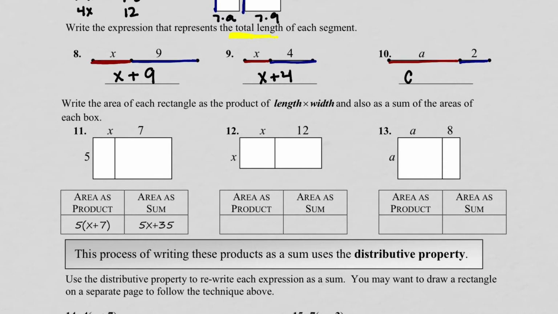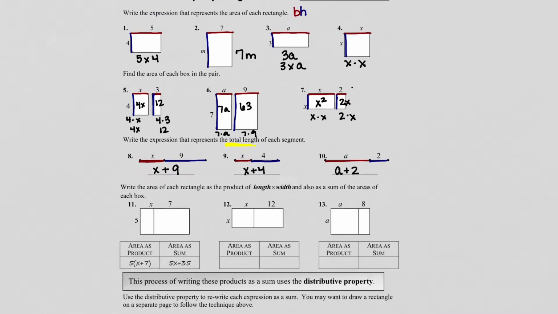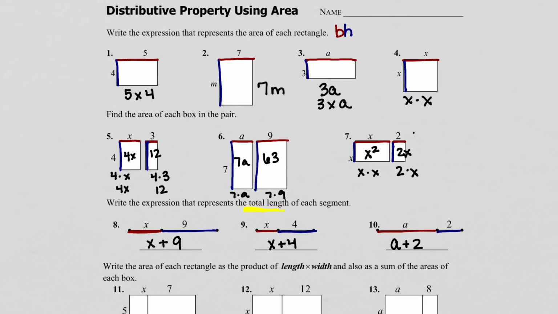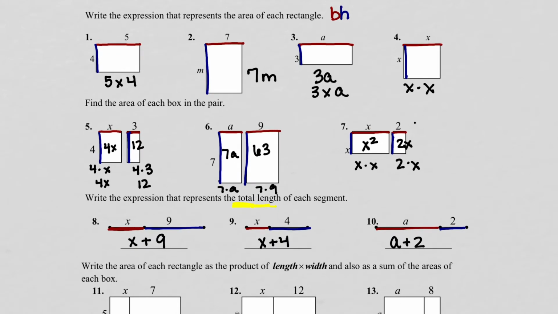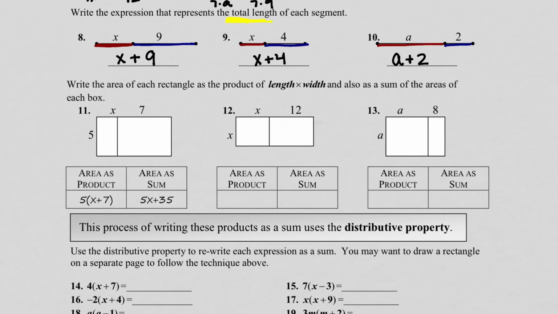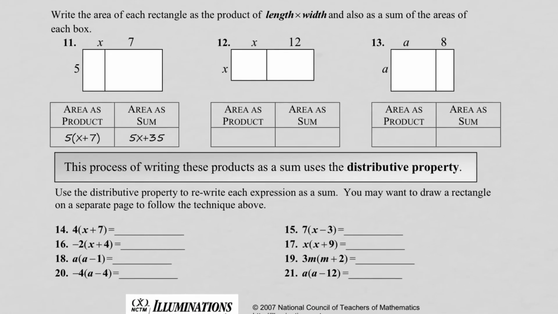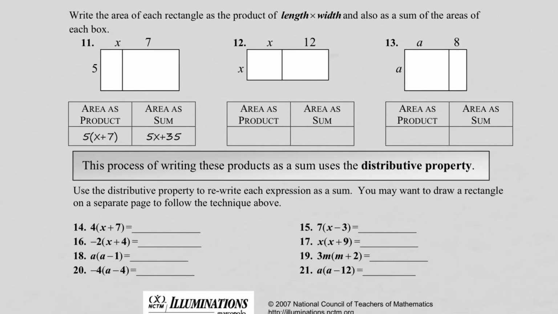So I have A plus 2. All right, so far, what have we talked about? So far, we've talked about that we multiply when we find the area, right? And here we talked about finding a total length is adding. So we've done both sums and products.